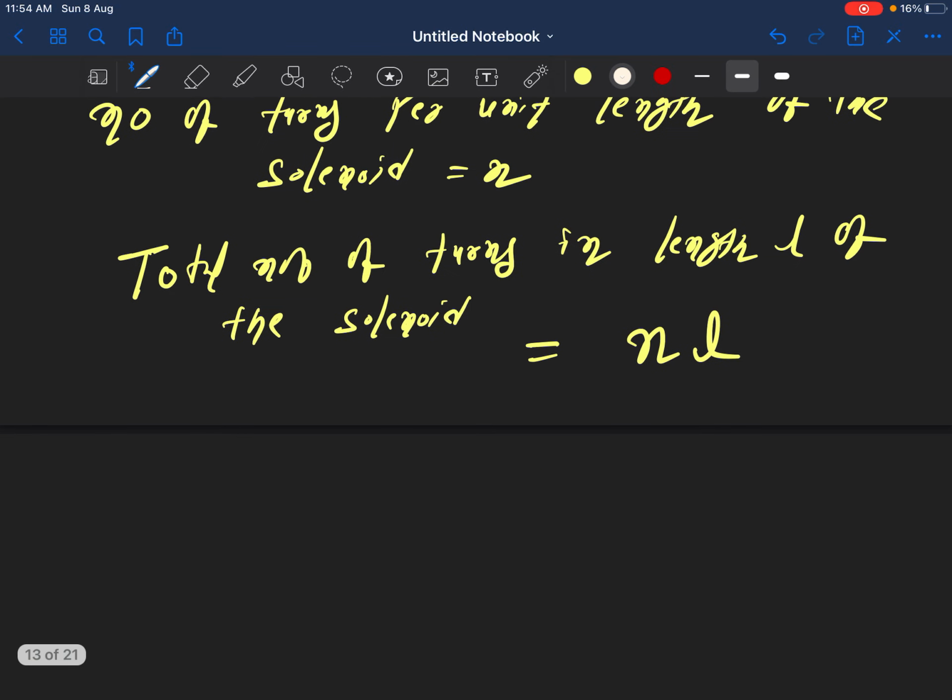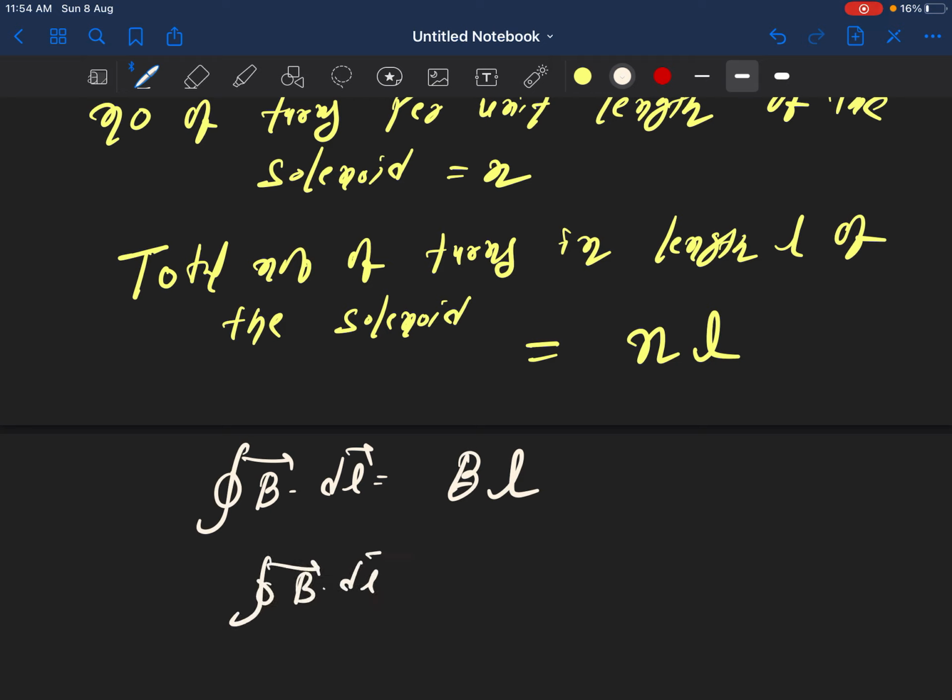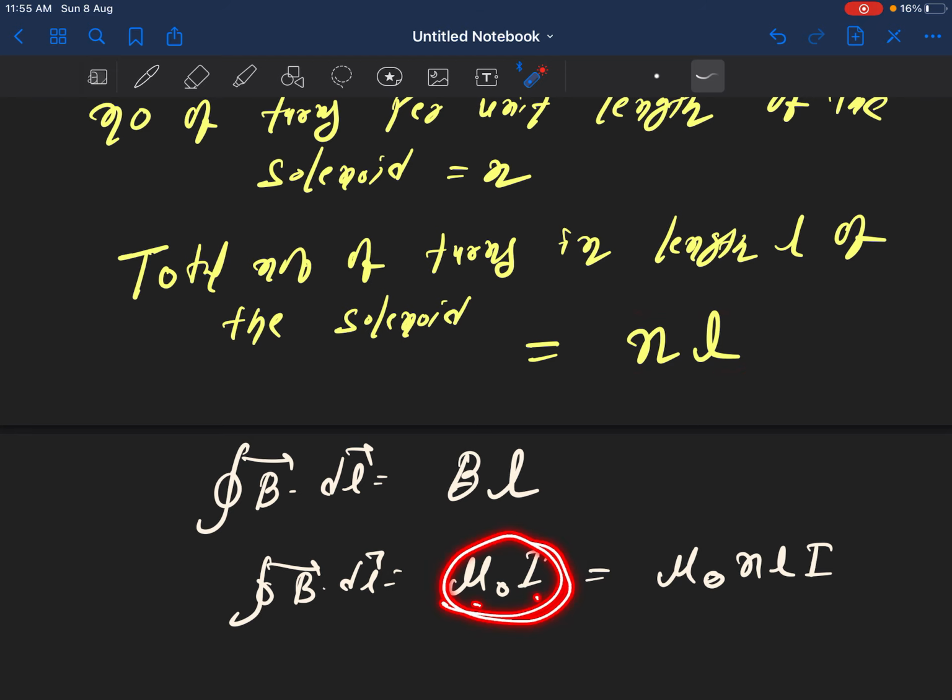therefore what is the total current, b dot dl কিমান পাইছিলো, b into l পাইছিলো, again Ampere's law ৰ কাৰণে আমি কি জানো b dot dl মানে কিমান হ'ব mu naught into I but turns কিমান আছে, n টা turns আছে total number of turns nl so mu naught nl into I কাৰণ total number of যিমান turns থাকিব তাৰ লগত এইটো সদায় কাৰেণ্টটো ইমান মাল্টিপ্লাই হৈ যায় ঠিক আছে so mu naught I আছিলে but we have to multiply it by nl because this is the total number of turns in a solenoid.